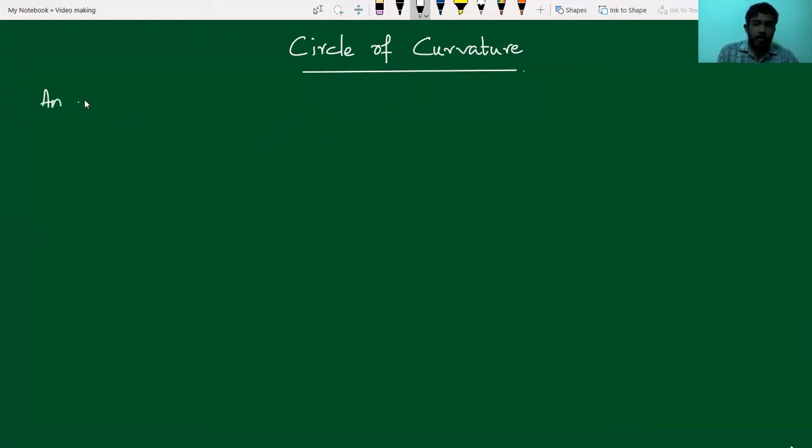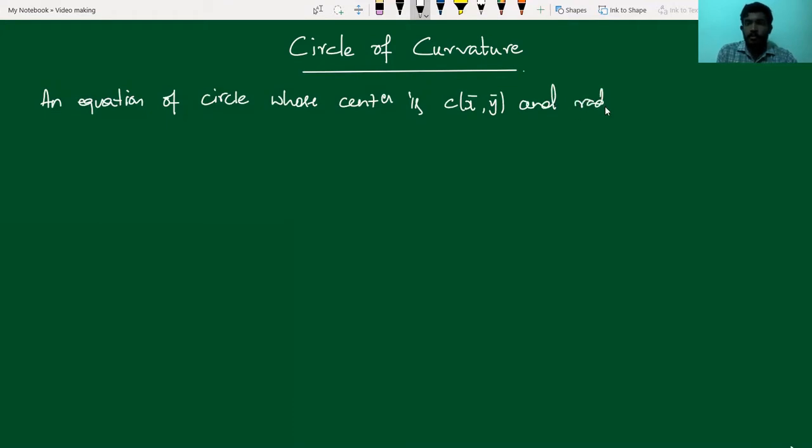An equation of a circle whose center is C of x bar comma y bar and radius is rho is called the circle of curvature.